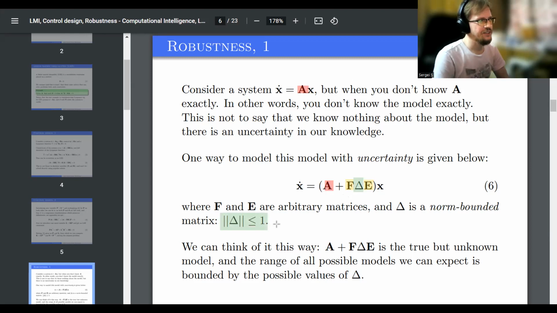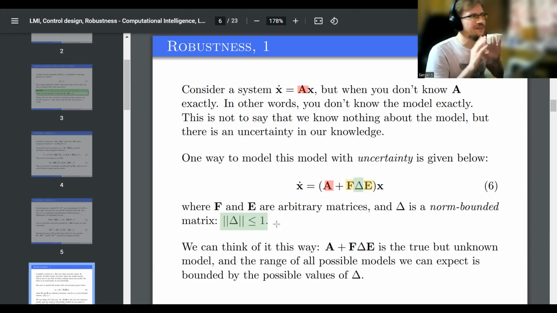Delta is a matrix of the dimensions defined by F and E. But delta is also norm bounded. In which sense is this norm? Well, it is a matrix norm, so it would have to be one of the known matrix norms. Later in the derivations, you will see exactly what this norm is. As far as I remember, it is the second induced norm, the norm induced by the vector norm 2, which I believe is the spectral norm.